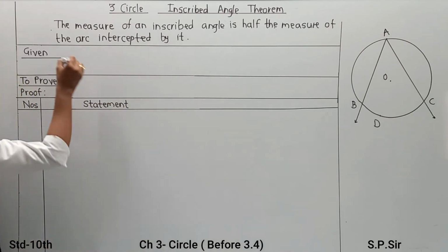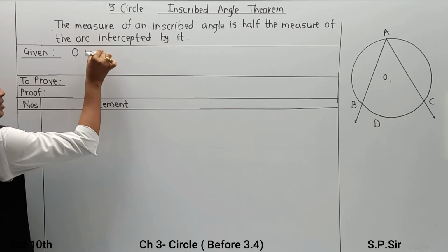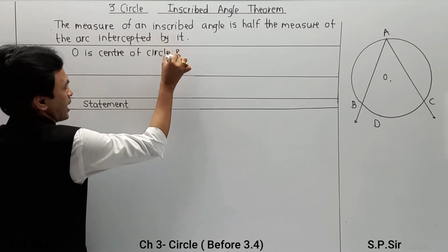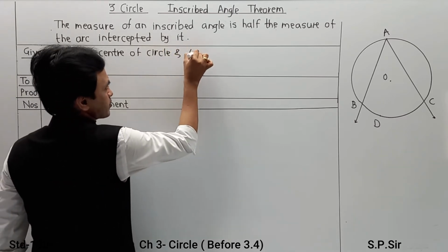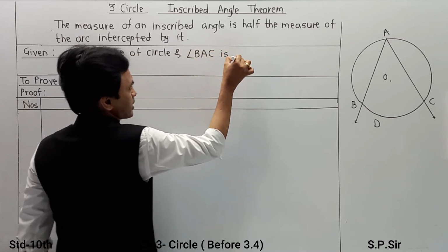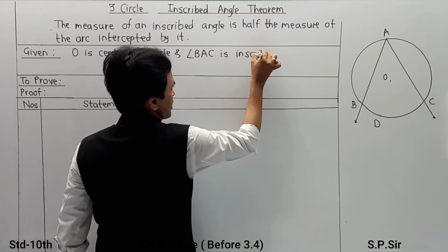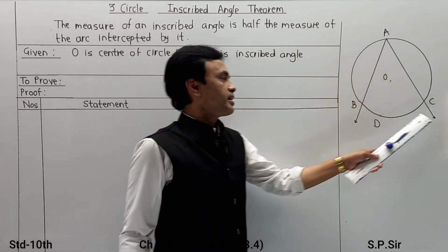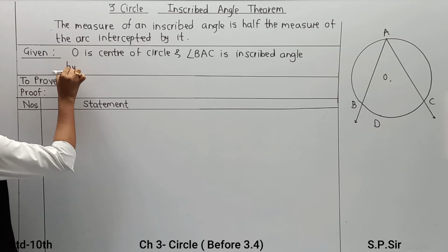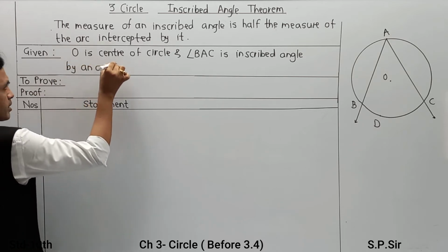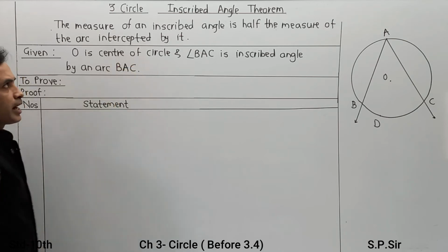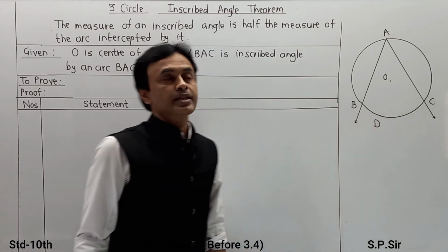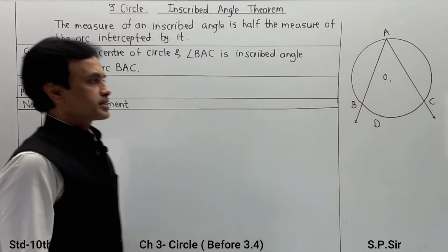So I am going to write here: O is the center of the circle, and angle BAC is an inscribed angle by arc BAC, and now BDC is the intercepted arc on angle BAC.